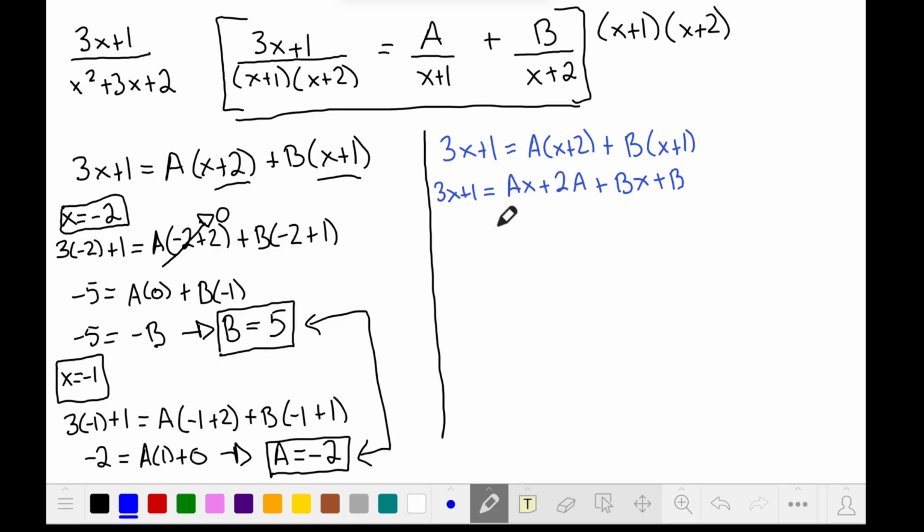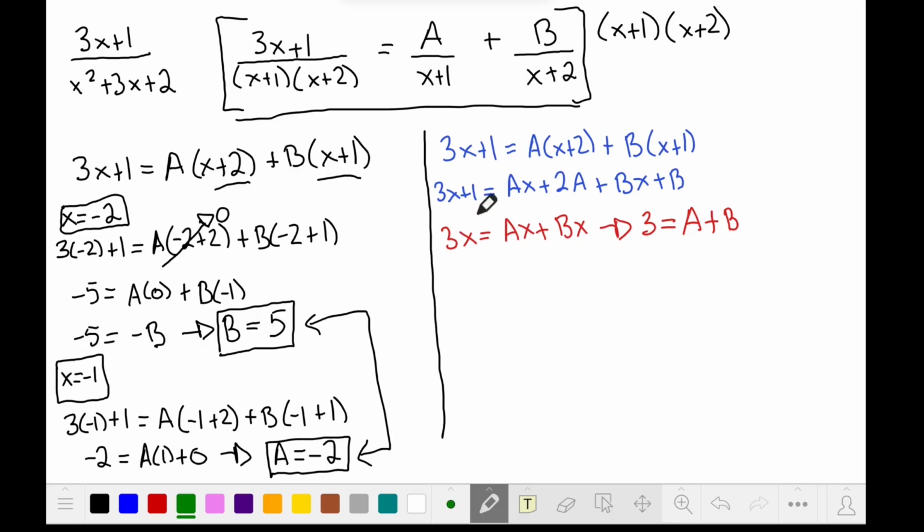We're going to have the x equation and the non-x equation. So for the x equation, we're going to have 3x is equal to Ax plus Bx. We see that there's x's everywhere, so we could cancel them out by dividing by x, and we get 3 is equal to A plus B.